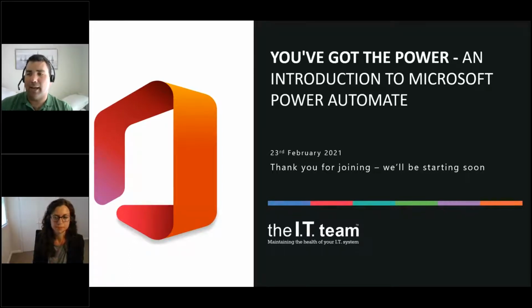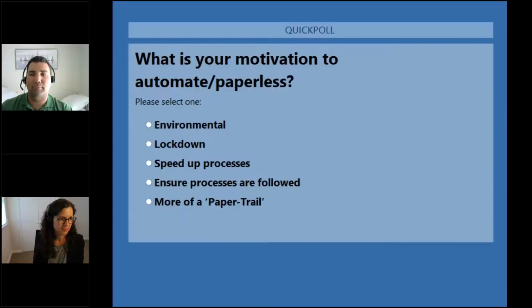Okay, and the last poll for now, for the intro, is put up, which is, what is your motivation to automate or go paperless? It's a great sentence I put there.